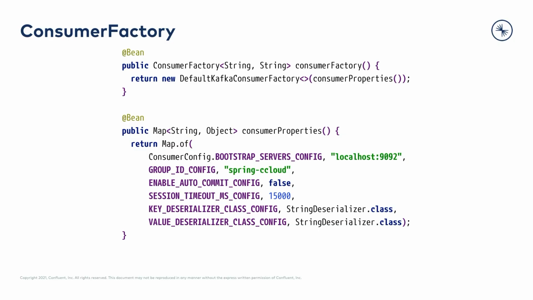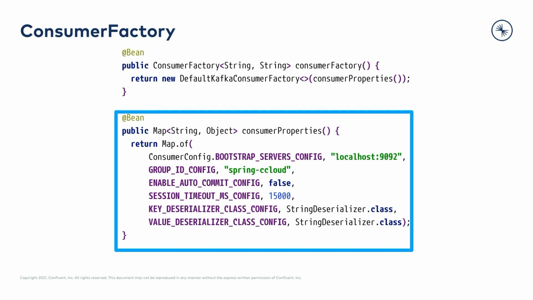So the main component that drives all things inside Spring Boot is obviously factories. We learned in the previous lesson that the producer factory is responsible for instantiating Kafka producers, so in this case, the consumer factory will be responsible for instantiating Kafka consumers in our application. For that, as always, we need to provide the properties or configurations that our consumer will be using.